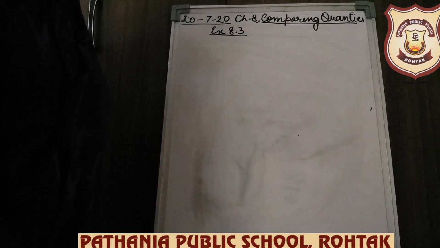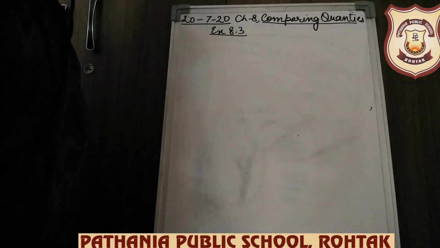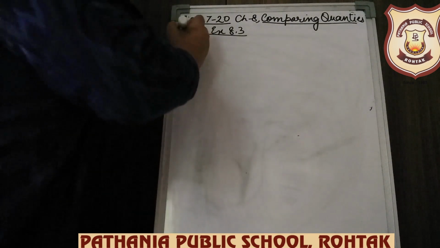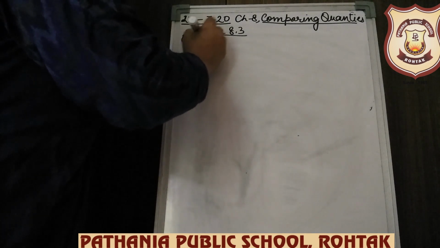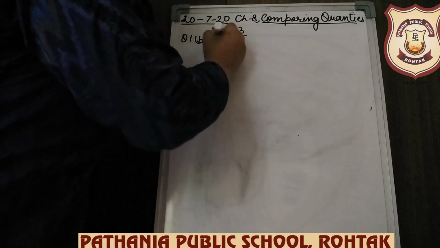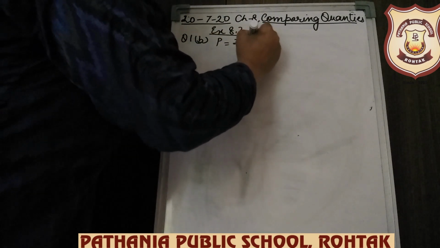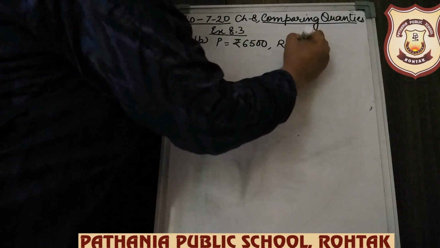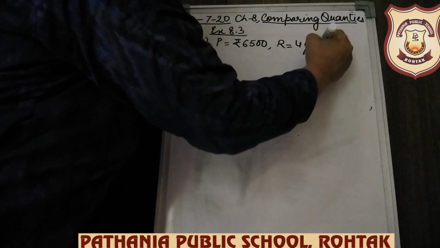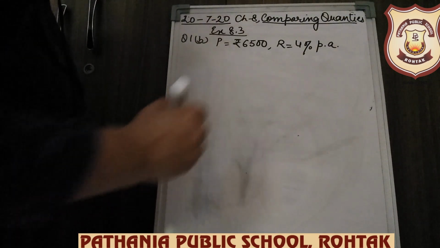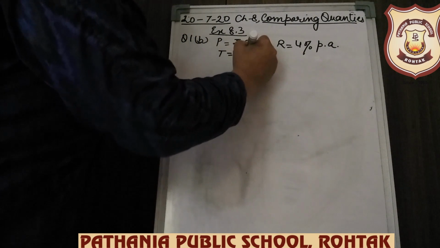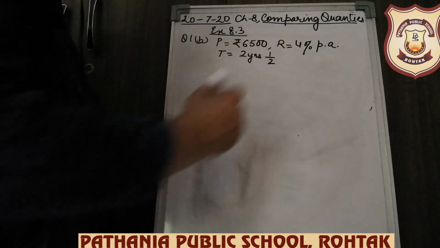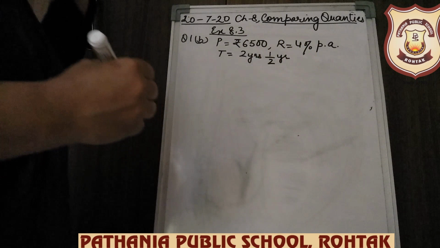Now, in question number 1, second part, B part of question 1, it is given that principal is rupees 6500, rate is 4% per annum, and time is 2 years plus the half year, that is 2.5 years.